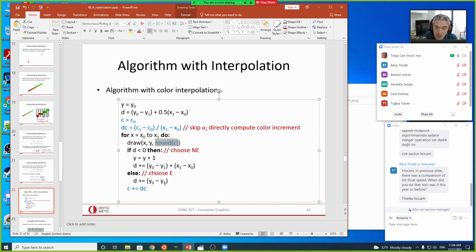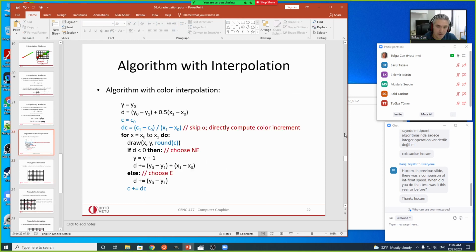Every iteration, whatever we choose, east or northeast, it doesn't matter, the color is incremented by this delta color amount. This is how the interpolation is done. And instead of color, we could apply the same thing to the depth or to some normal vector along the line. So different interpolations for different parameters can be done by using this method.